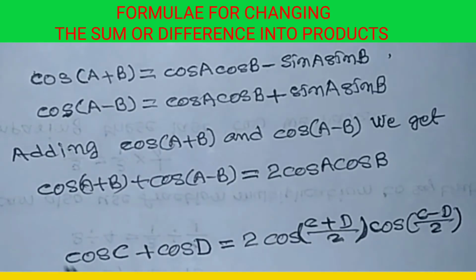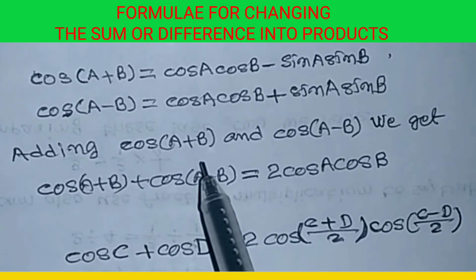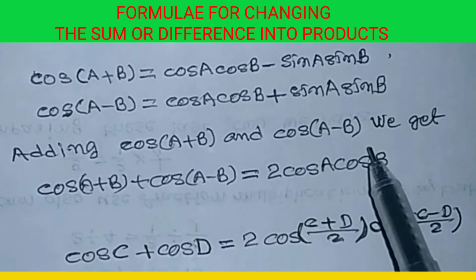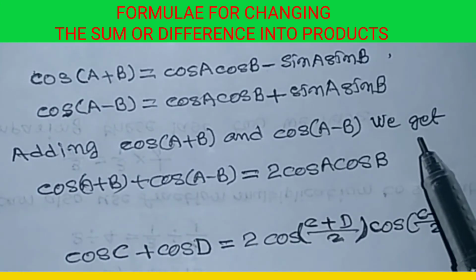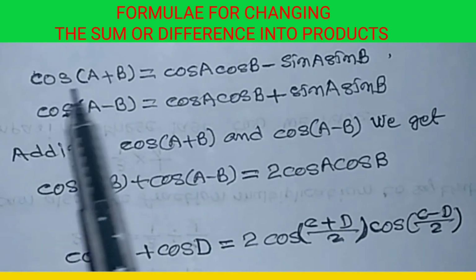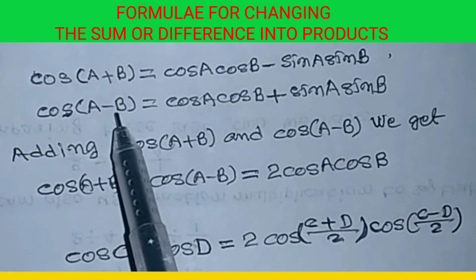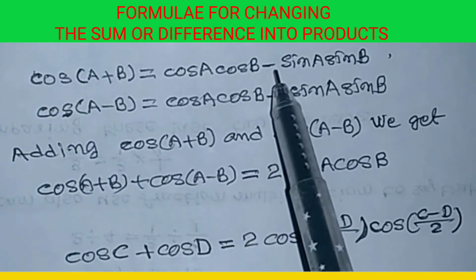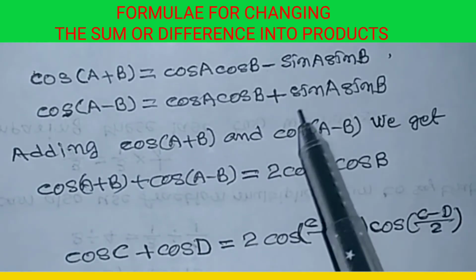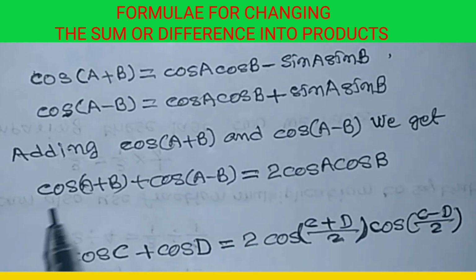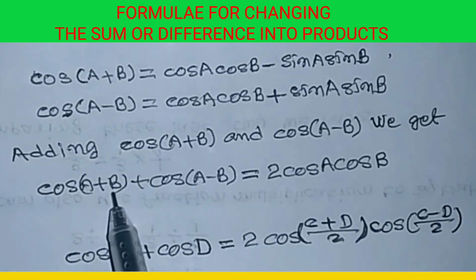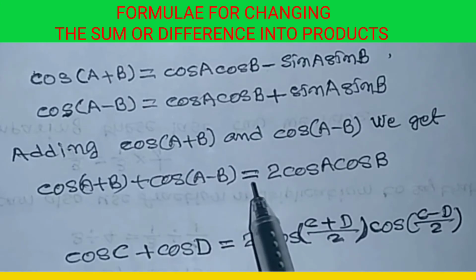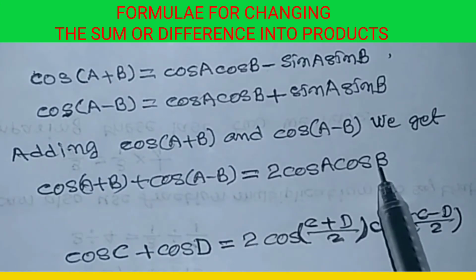Adding cos A plus B and cos A minus B, we get cos A cos B plus cos A cos B, 2 cos A cos B. Minus sin A sin B plus sin A sin B cancelled. Cos A plus B plus cos A minus B is equal to 2 cos A cos B.